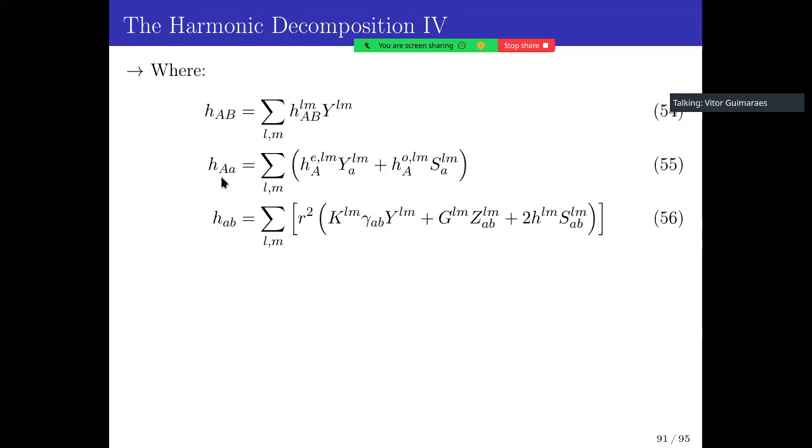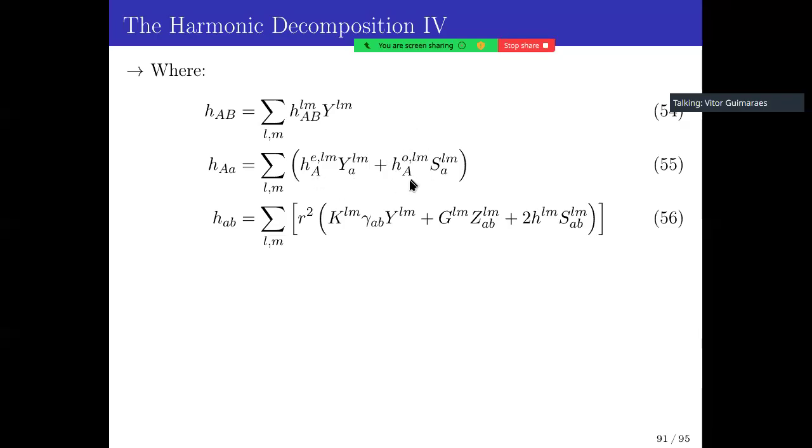The same decomposition we can make for the vectors, in terms of the vector spherical harmonics, the even and odd, right? Here we have an even function and an odd function, right?